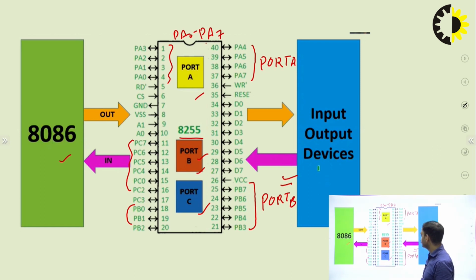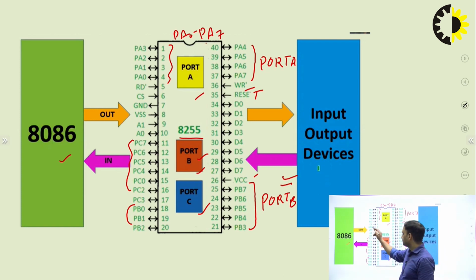These are the data lines available for data transfer, that is, the data bus. Then we have VCC and ground, and we have reset, the WR bar write signal, and then the read signal as well.